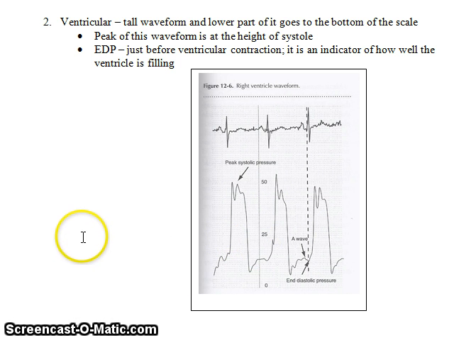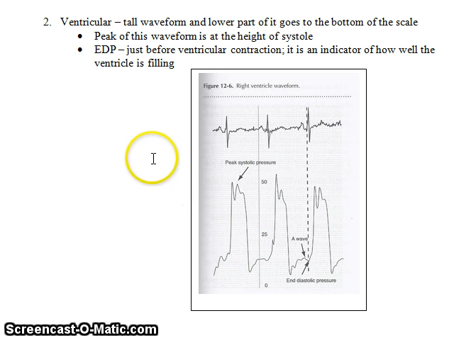Same for the left, the systole is like 120, but the diastole is 0. And that is demonstrated in the waveform as well. So it's a tall waveform, the lower part goes clear to 0, to the bottom of the scale.